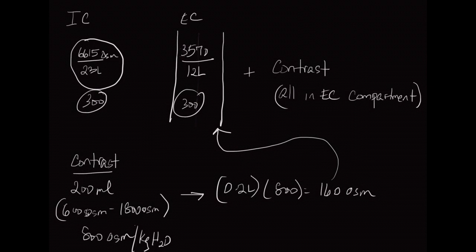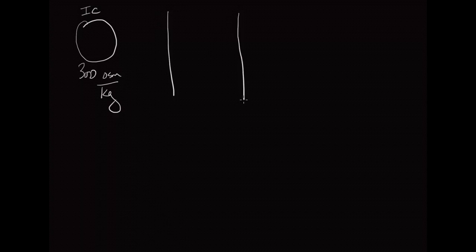So let's now calculate his new osmolarity. So we've got the intracellular compartment here at an osmolarity of 300 osms per kilogram. And we've got the extracellular compartment here where things have changed. What has changed?